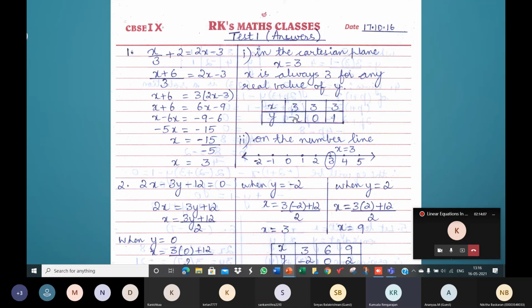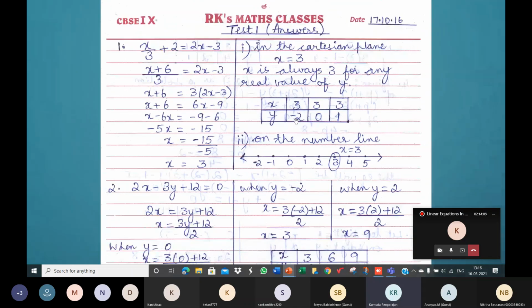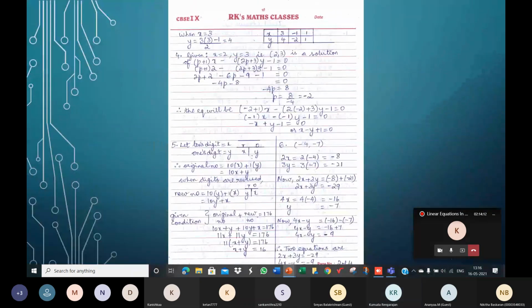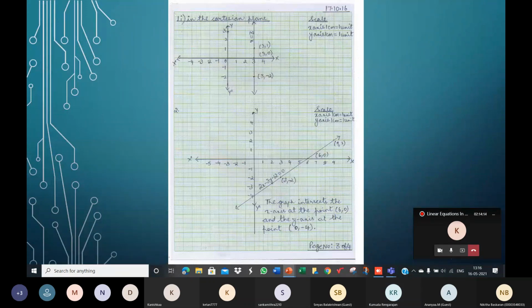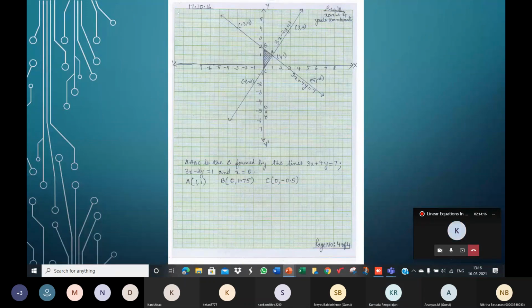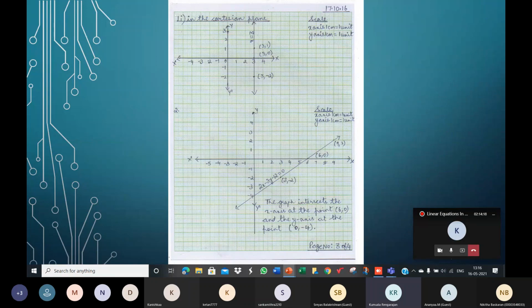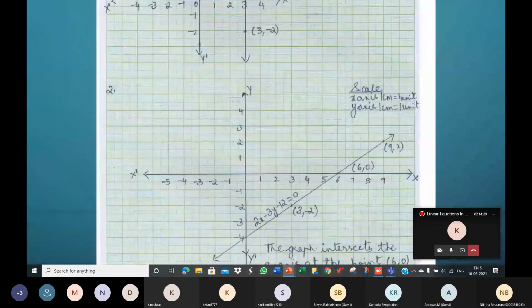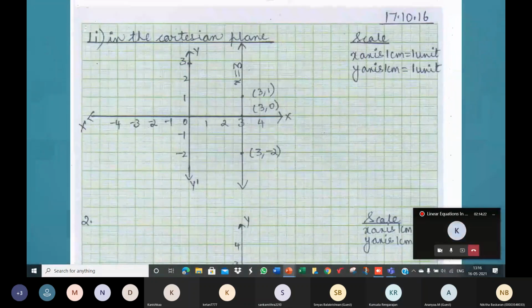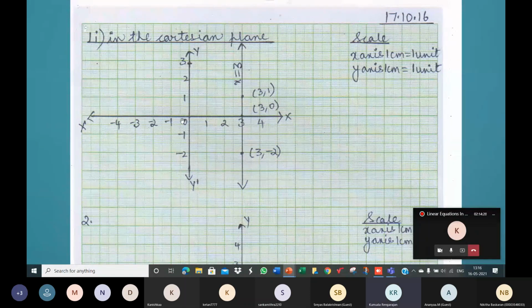Now make a graph of this one. You can see it here. When you make a graph, this is the x-axis, this is the y-axis.